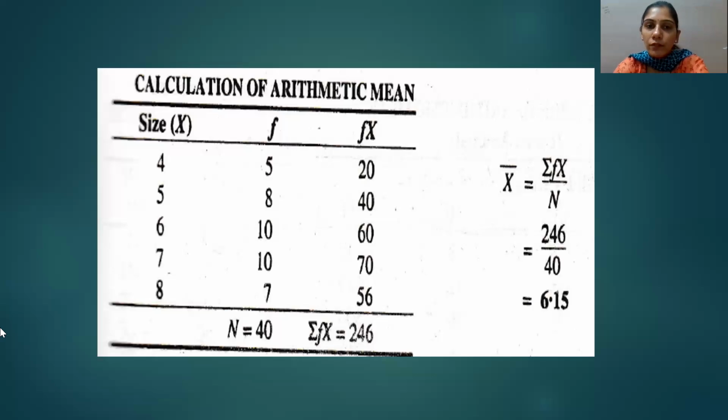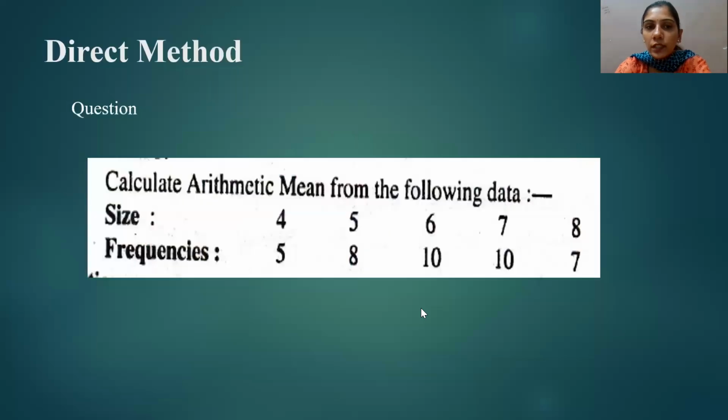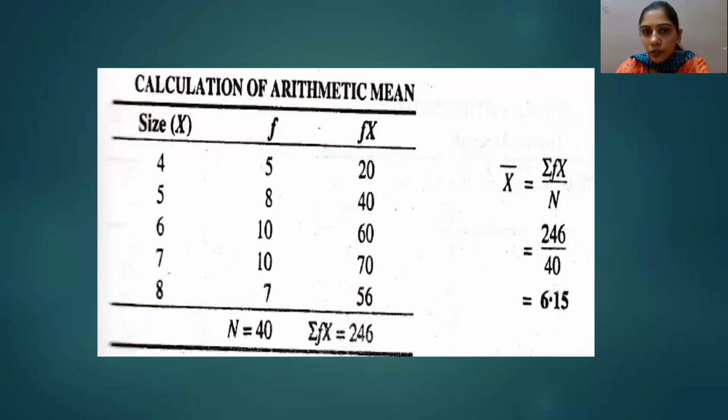Or we can say the average arithmetic mean is 6.15 with the direct method under discrete series. So this is how we generally calculate arithmetic mean under the discrete series.